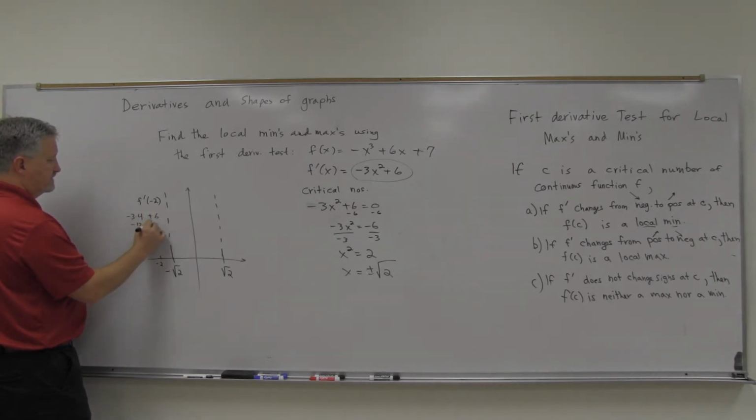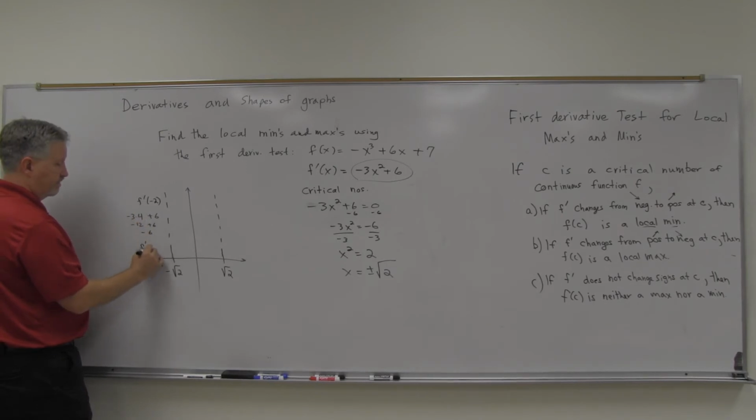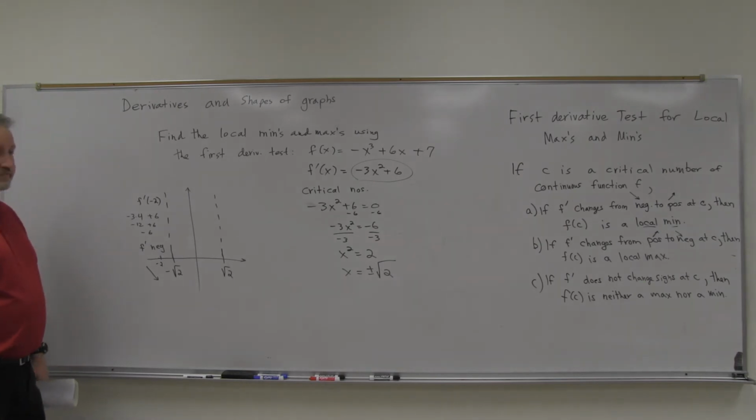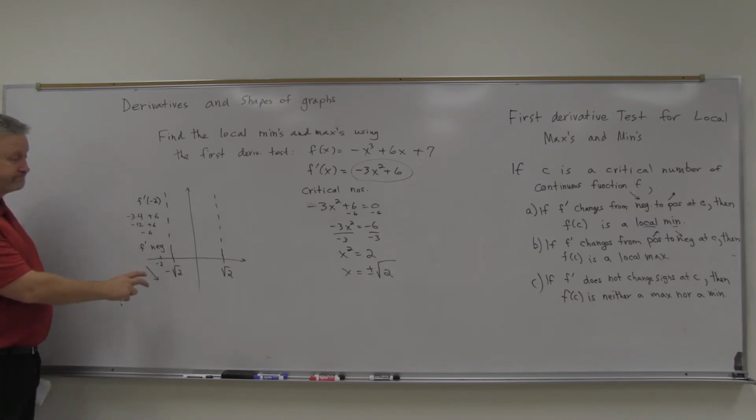Negative 12 plus 6, that's a negative 6. So my f prime is negative here. Like I said, if you want to generally indicate a little arrow there, it's negative, so it's downward. So that's in that part.